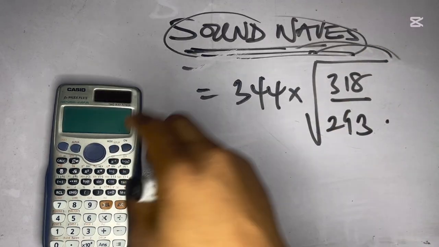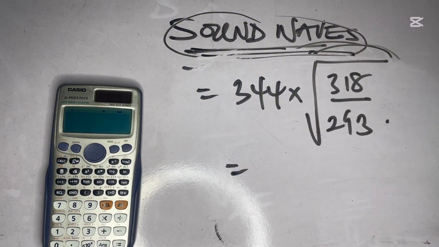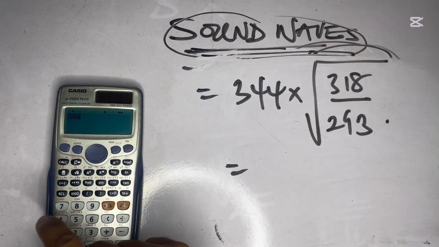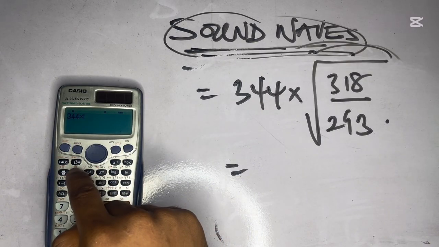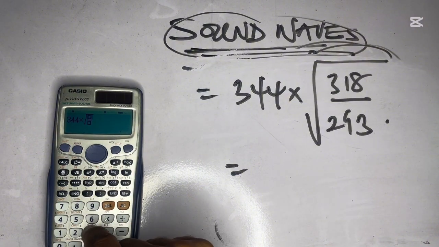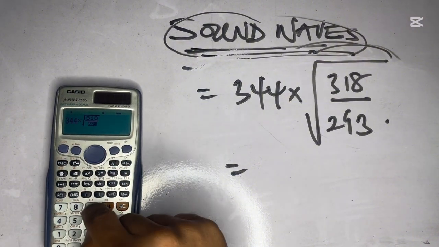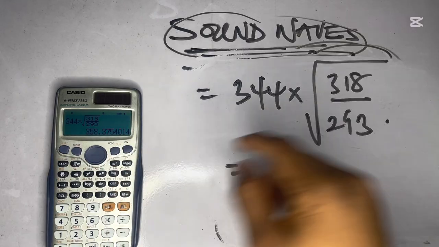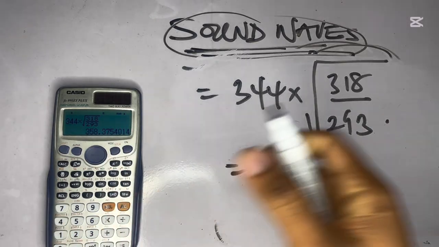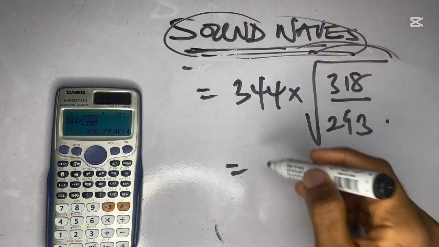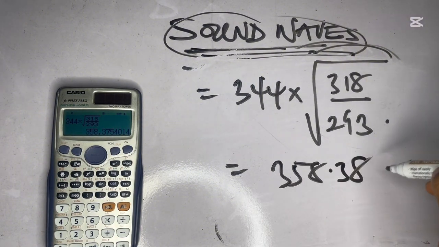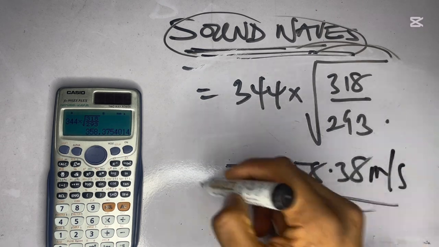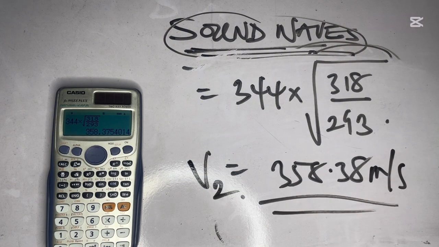If you plug that into the calculator: 344 times the square root of 318 divided by 293 gives us 358.38 meters per second. So this is our V2.